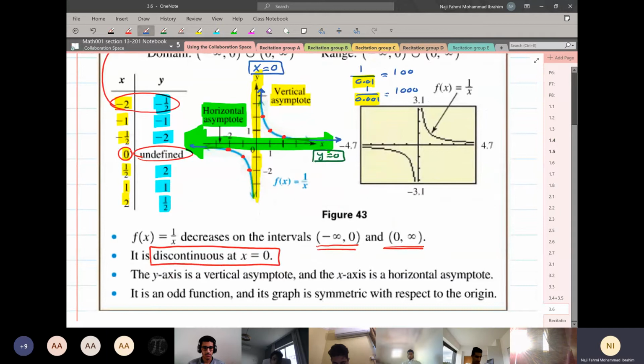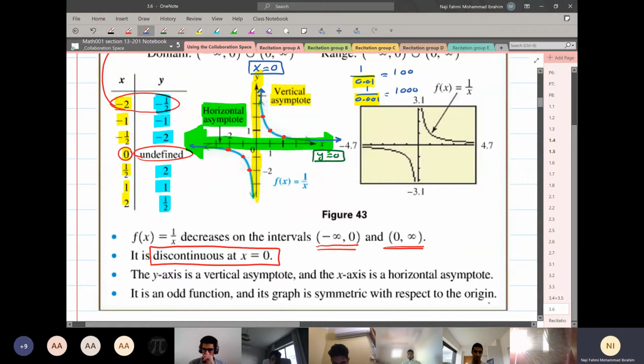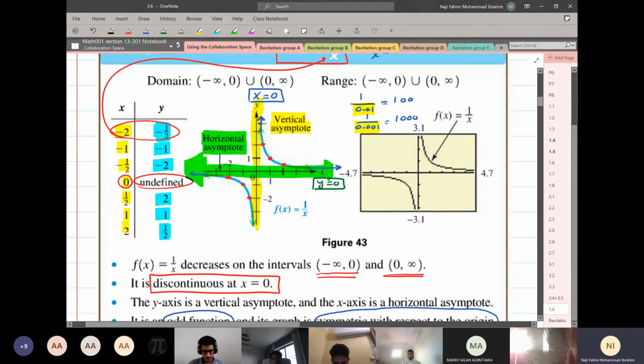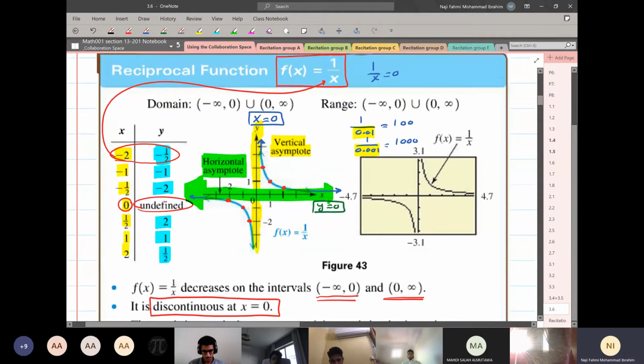And if you remember, symmetric about the origin, what does it mean? That the function is odd. Remember that? Odd functions are symmetric about the origin. Even functions are symmetric about the y-axis. So this function, y equals 1 over x, is symmetric about the origin, which is odd. Any questions about the graph of f of x equals 1 over x?